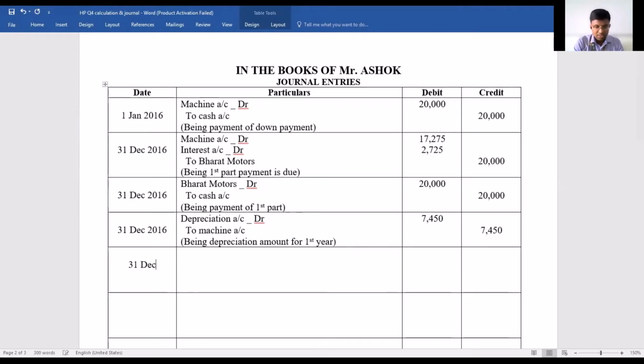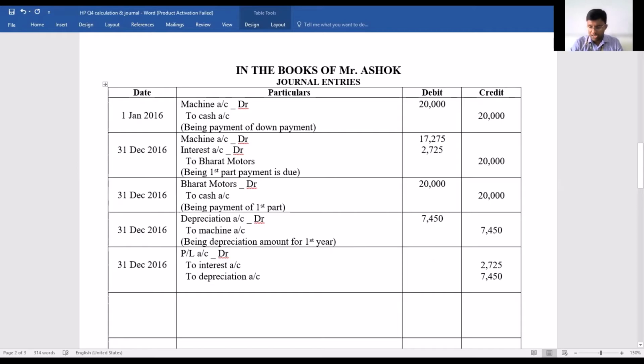And the final entry that we will have to pass for 2016 is for profit and loss account. Profit and loss account debited, we have to transfer all the expenses. Now, what are the expenses that we have? The expenses that we have are 2,725 and depreciation 7,450.